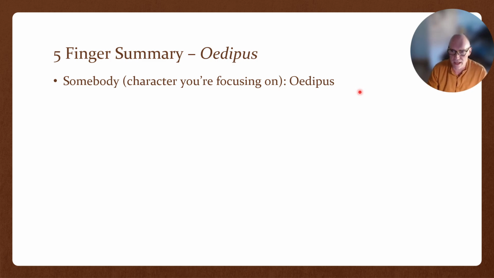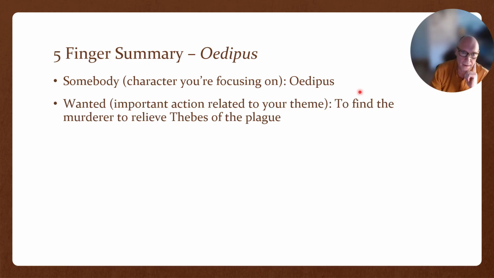You could write on Jocasta or on Creon, but for this particular essay, you're going to be mostly focused on Oedipus, because he's the central character, where the central action that all the other characters are revolving around is. So Oedipus wanted to find the murderer to relieve Thebes of the plague.